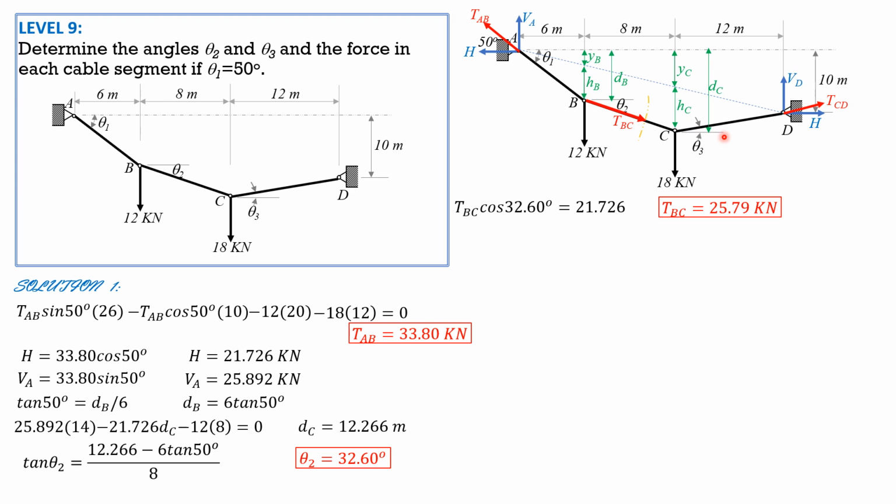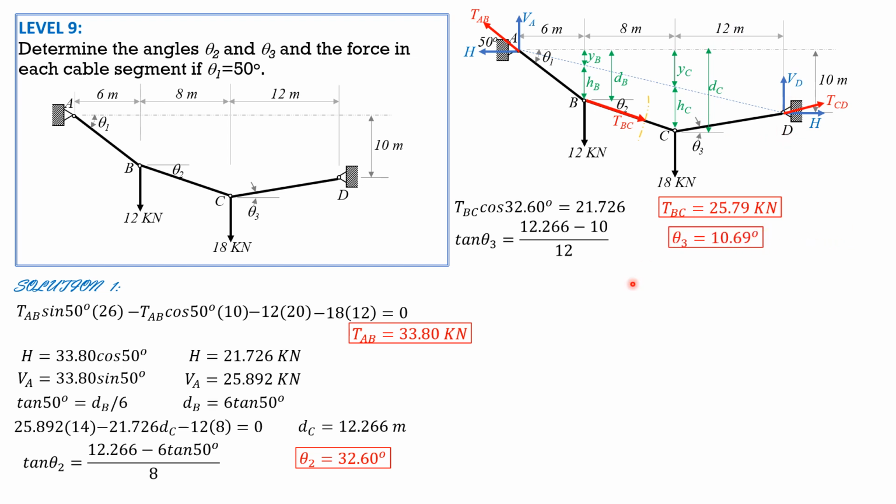Then tangent of theta 3 equals opposite over adjacent. Imagine this right triangle here. The opposite side of this imaginary right triangle is D sub C minus 10, divided by the horizontal distance 12. Tangent theta 3 is equal to D sub C, which is 12.266, minus 10, divided by 12. So theta 3 can now be computed.